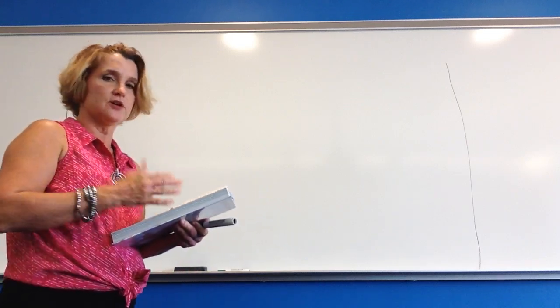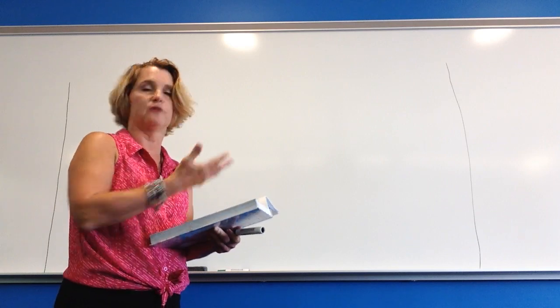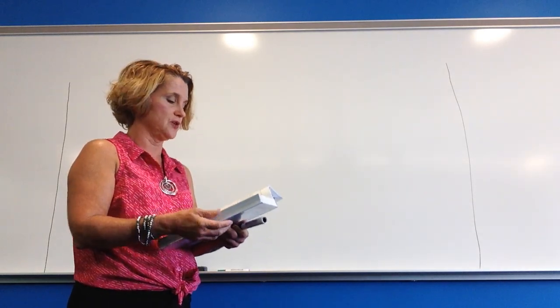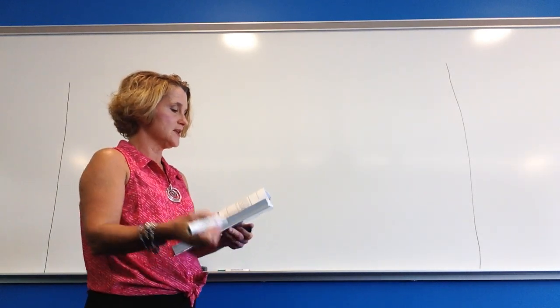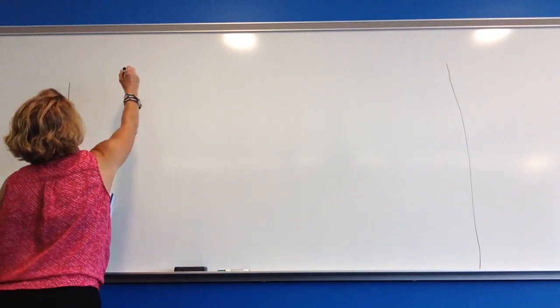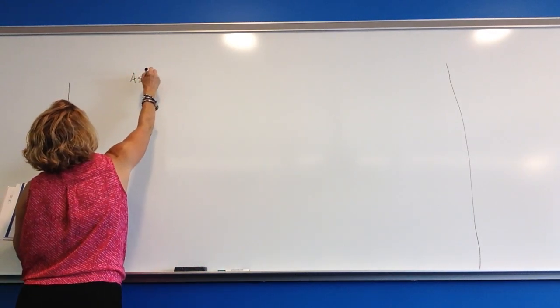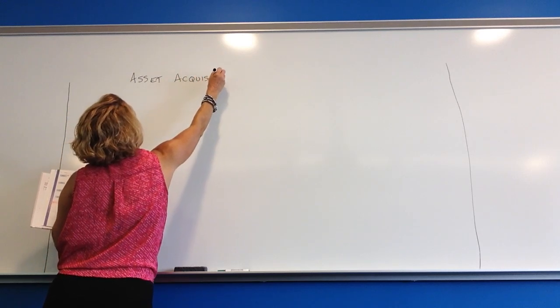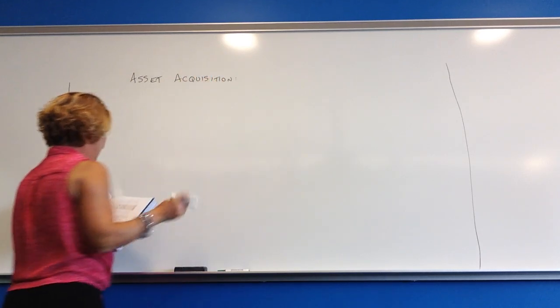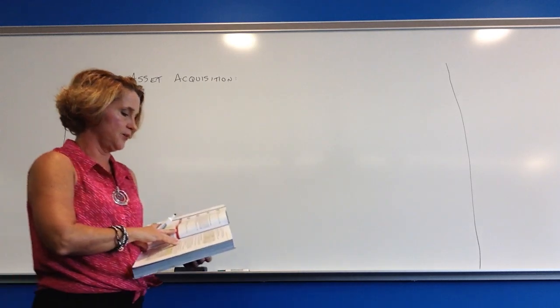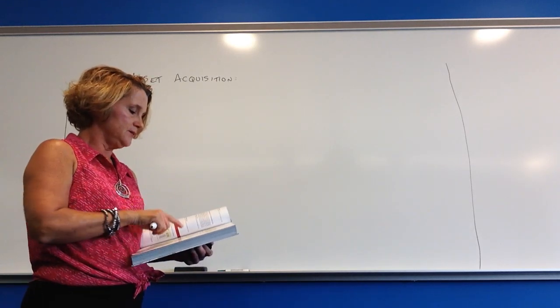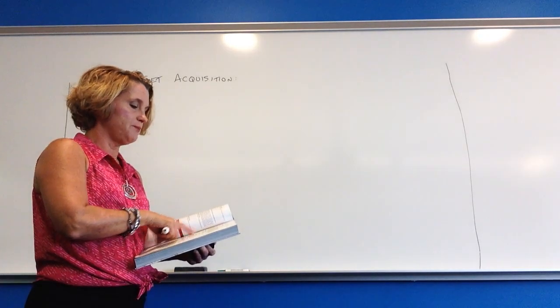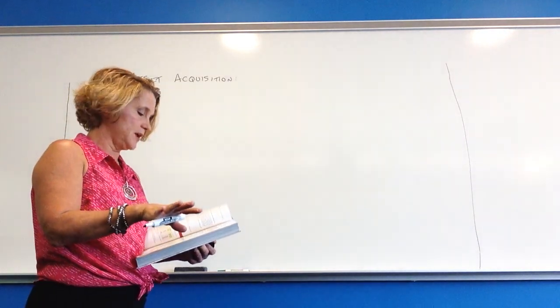Now they give us their assets, and I'm going to just go ahead and read them and put them into my journal entry. So the first part is, if it's just an asset acquisition, what would the journal entry look like? And in this particular example, the company is buying the company outright.